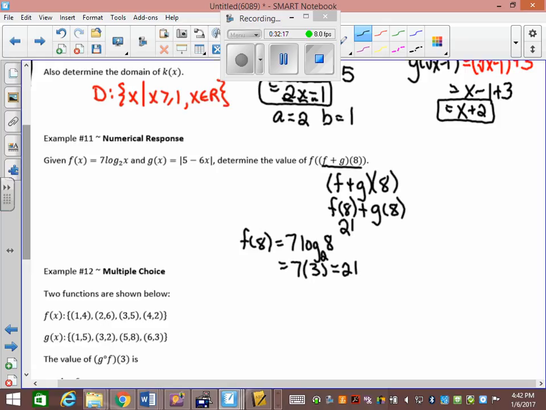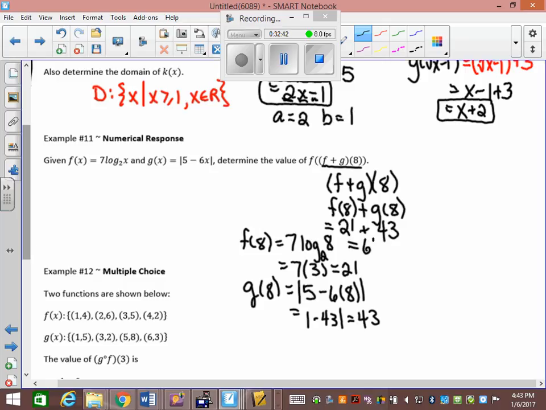So f of 8 is 21. g of 8 is the absolute value of 5 minus 6 times 8, which is the absolute value of 5 minus 48, which is negative 43, which is actually positive 43. So we get 21 plus 43, which is 64. So I know f plus g of 8 is 64.